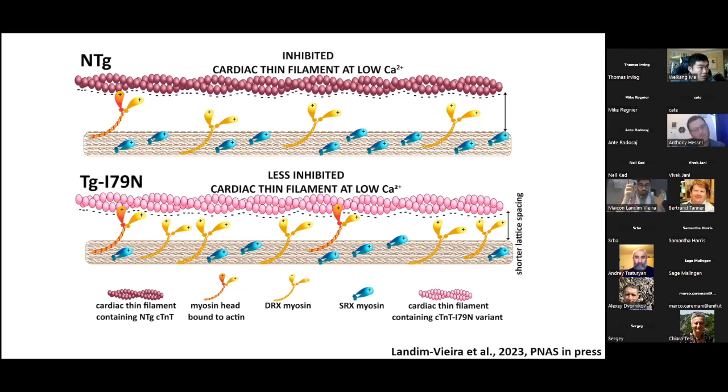They're formed driven by the electrostatic forces between actin and the nearby myosin heads. So as these DRX heads are being pulled out of the SRX state by binding to actin, this might be expected to shift the equilibrium towards the DRX state by mass action, and that will facilitate more formation of force-generating cross-bridges.